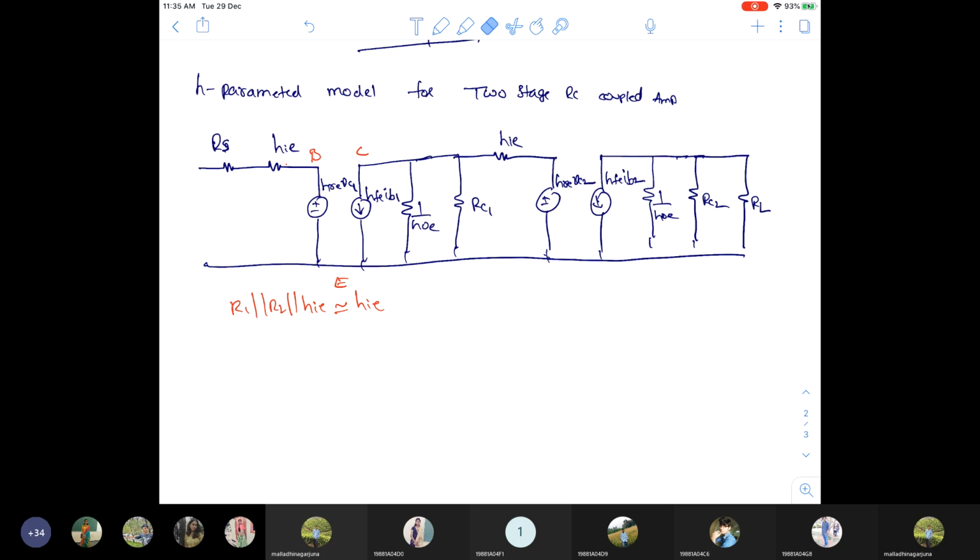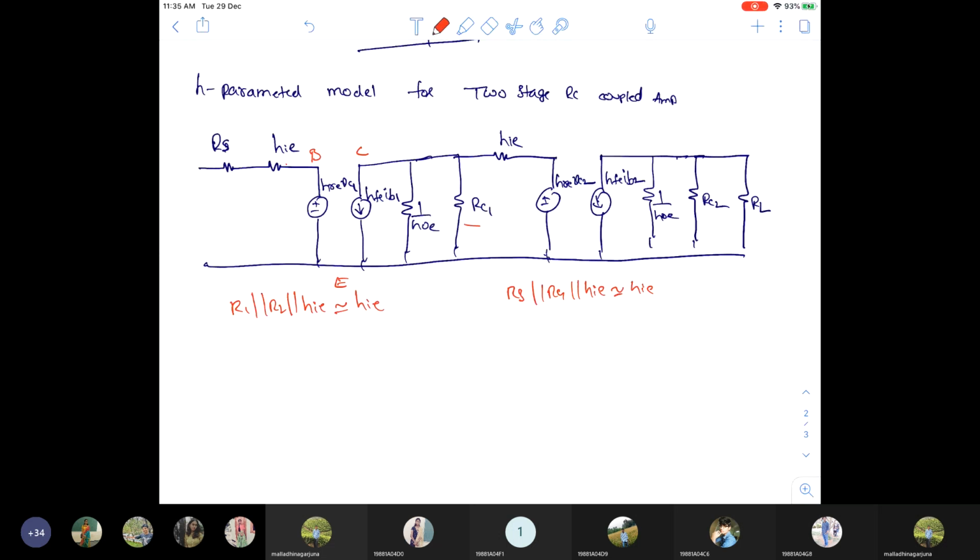Similarly, for the second stage also there will be two resistors, R3 and R4. Here also R3 parallel to R4 parallel to HIE becomes approximately equal to HIE only. So that is the reason I'm not taking R3 and R4 here either.